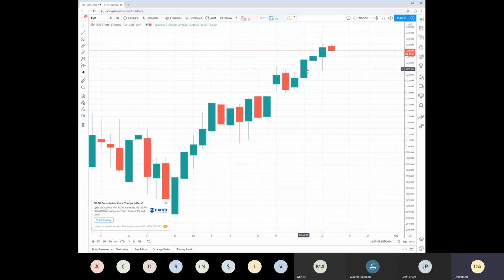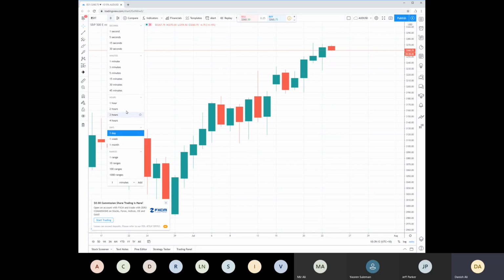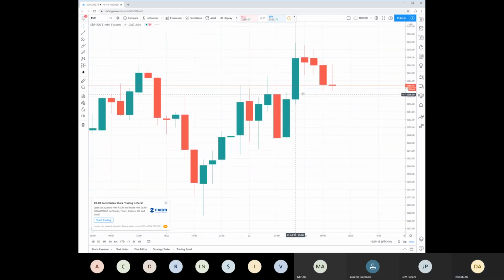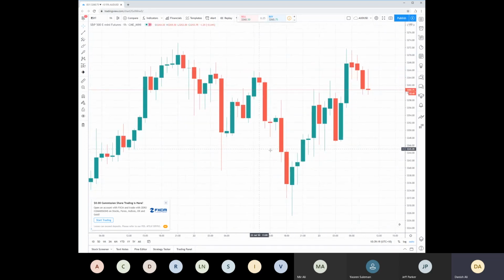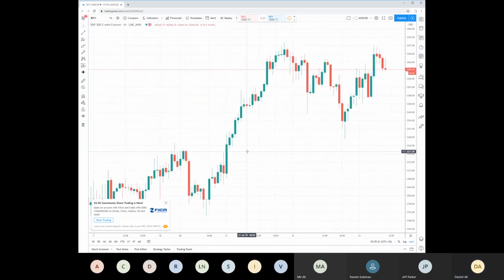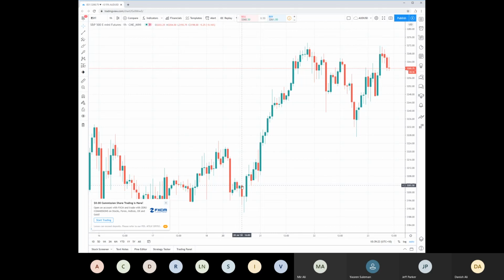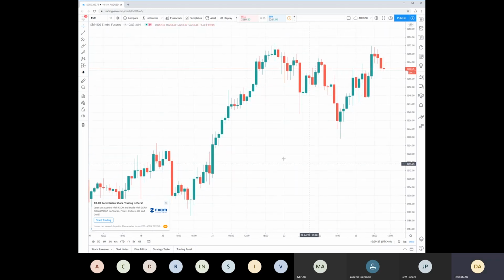So a candle can always be split, like splitting the hair. You go to an hourly chart on this particular candle, and that's yesterday's candle. That's 22nd of July.